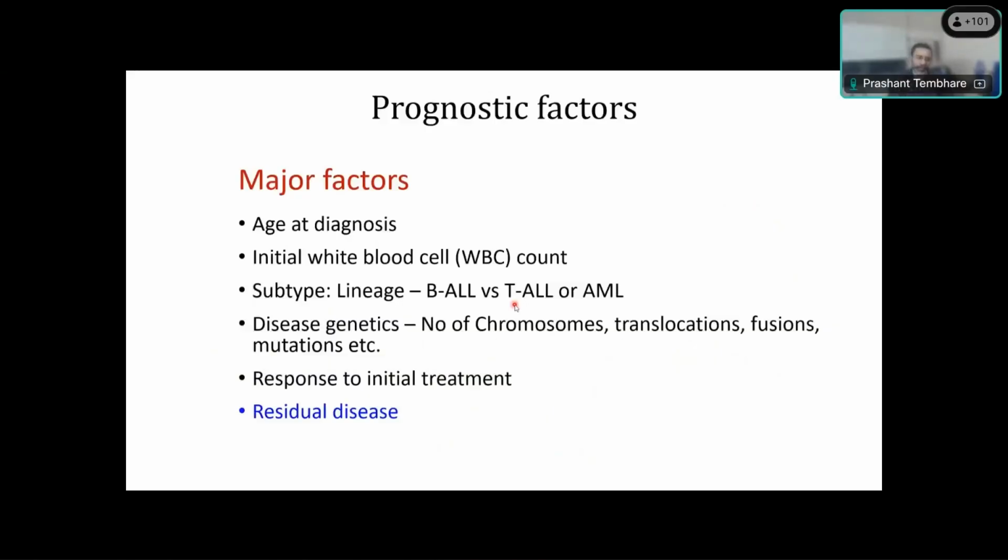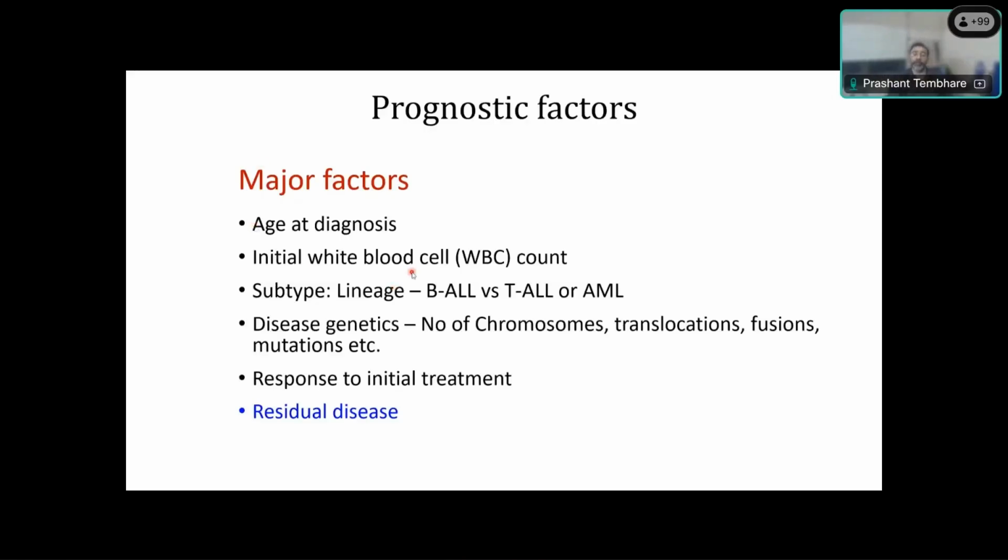One is age. We know that old age is high risk, or the age below 1 year is also high risk. So patients between 1 to 10 years are the best. But as you go beyond that age, the disease becomes high risk. If the patient's age is less than 1 year, again it becomes high risk.